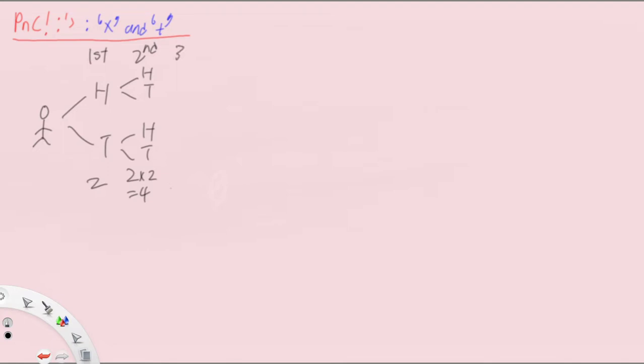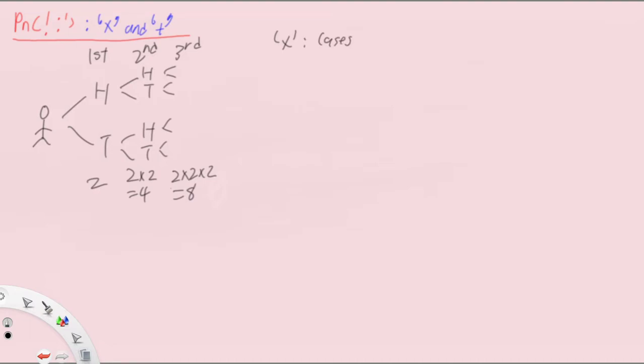And if you perform the coin flipping again and again, you just multiply by 2, 2, 2. So for the third time it is 2 cubed, or 2 times 2 times 2 equals 8.